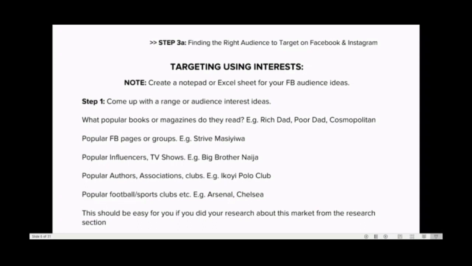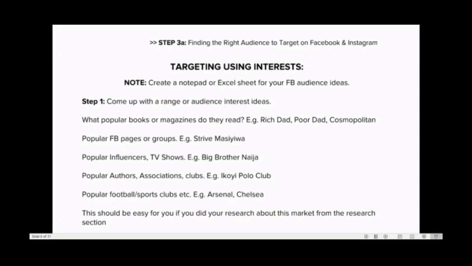For instance, if I want to target business opportunity seekers or entrepreneurs, if my product is for them, I could just go to google.com, go to the search engine and type popular books for entrepreneurs. And this gives me ideas of interests to work with, which we are going to be demonstrating.